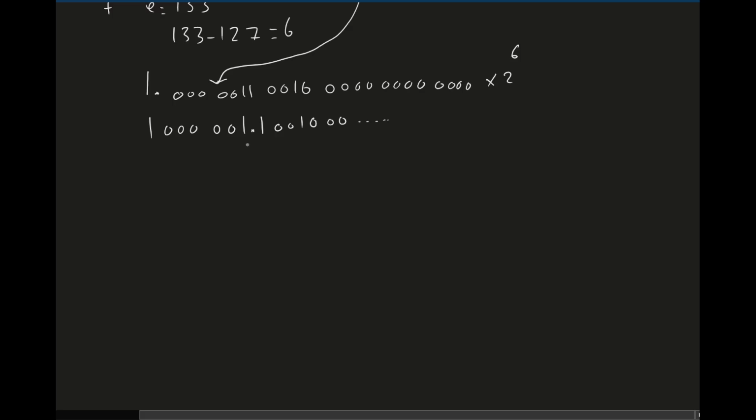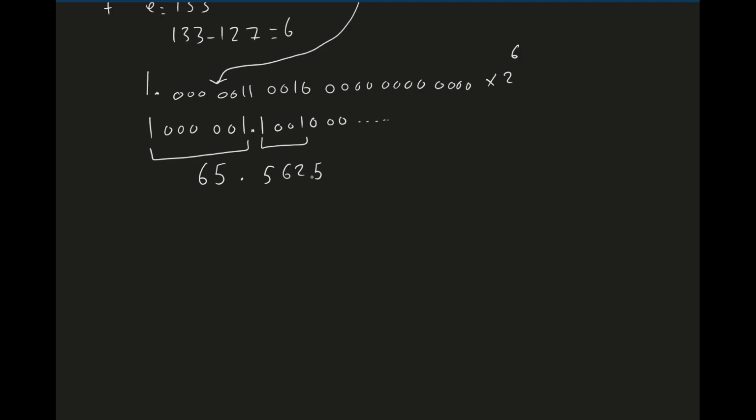Which is equivalent to 65 point, and then this is 5, 6, 2, 5, right? This is basically 64 plus 1, and then this is 2 to the negative 1 plus 2 to the negative 3, which is 5, 6, 2, 5, and that is my value.